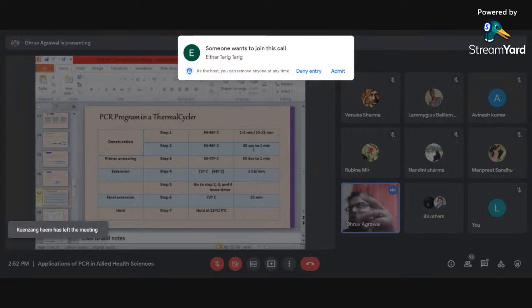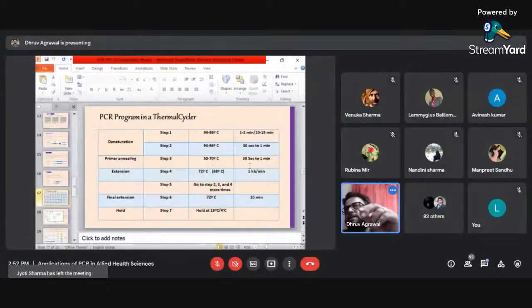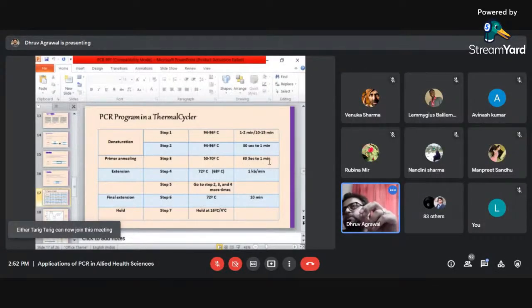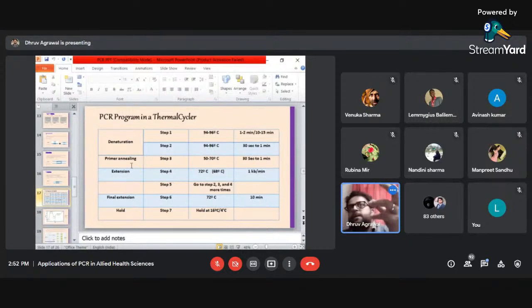Okay, so this much time is required to dissociate the two strands from each other. Then primer annealing, the third step, at 50 to 70 degrees Celsius for 30 seconds to 1 minute, which is sufficient time to allow the primers to bind with the DNA strands. Then extension is there at 72 degrees Celsius.